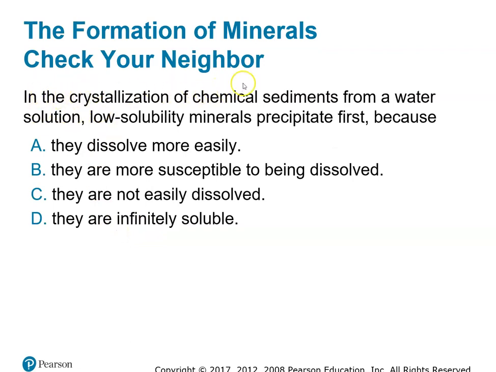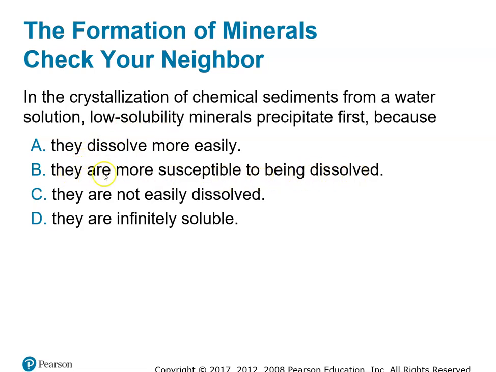In the crystallization of chemical sediments from a water solution, low solubility minerals precipitate first because, okay, so why do they precipitate first? I kind of just went over that, but let's look at this. They just dissolve more easily. No, for low solubility it's very hard for them to dissolve, that's why they're low solubility. So A is not right. They're more susceptible to being dissolved.